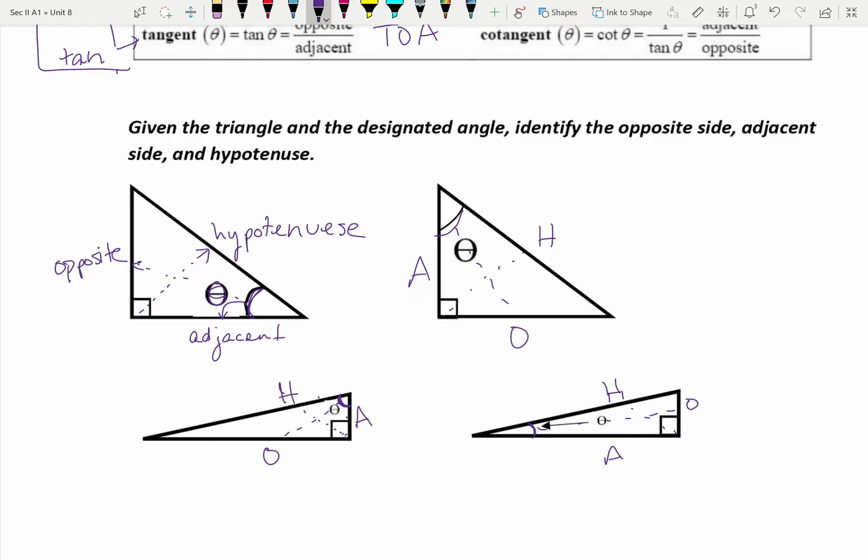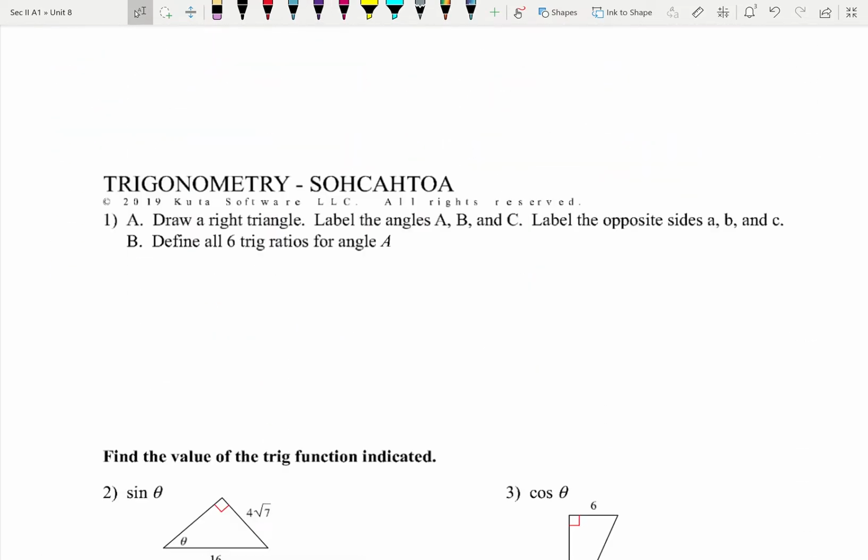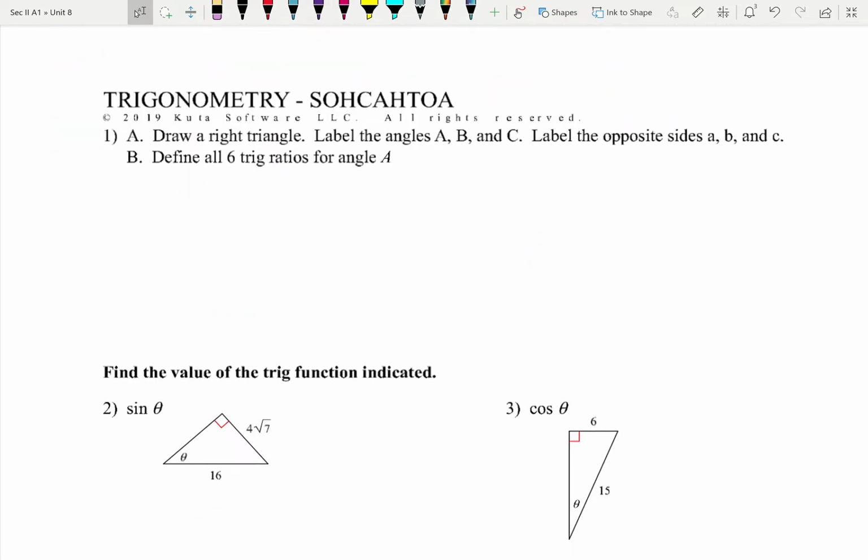So let's go on to the next page and let's actually start using these. So, SOHCAHTOA, okay, you've got sine, so this is a set. Remember, sine is opposite over hypotenuse. Then you have cosine, which is adjacent over hypotenuse.